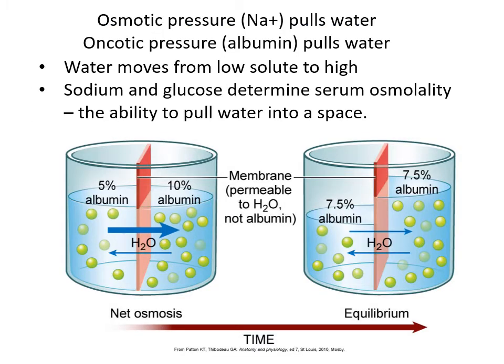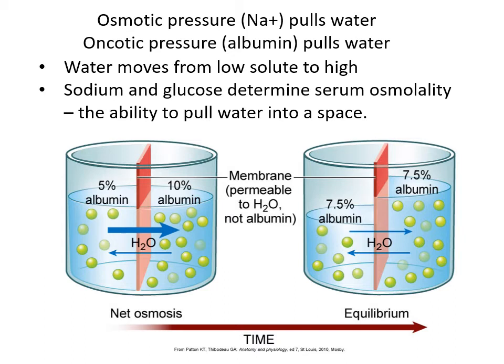Okay, we're going to still continue talking about capillaries, but let's just talk about two other concepts that'll help us understand the movement of water. So osmotic pressure and oncotic pressure.